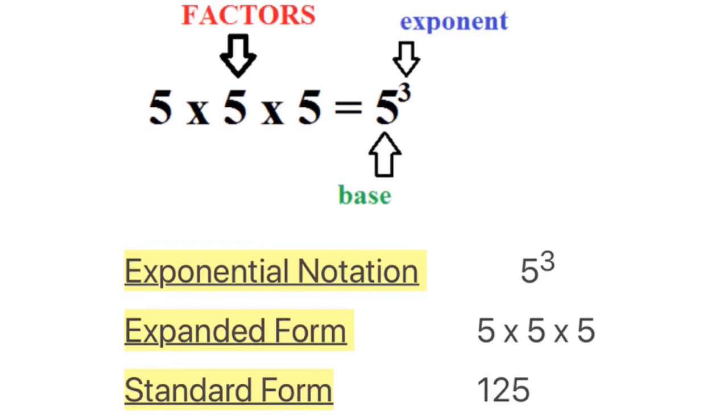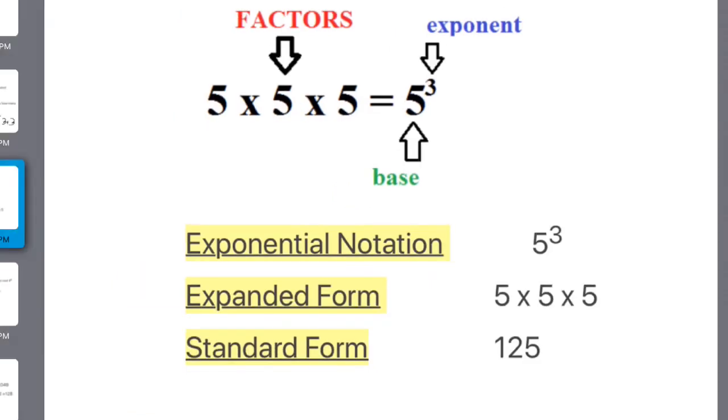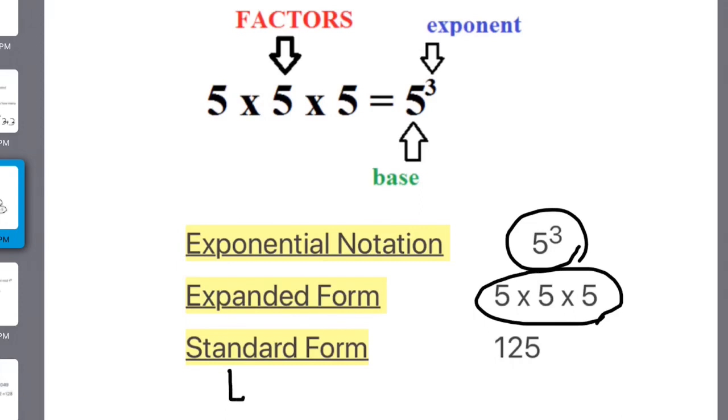You also have 3 vocabulary words for the different forms that an exponent can be written in. So when you're writing it using an exponent, that's exponential form. When you're writing it out to solve it using multiplication, that's expanded form. When you actually solve it and give an answer, this is standard form.